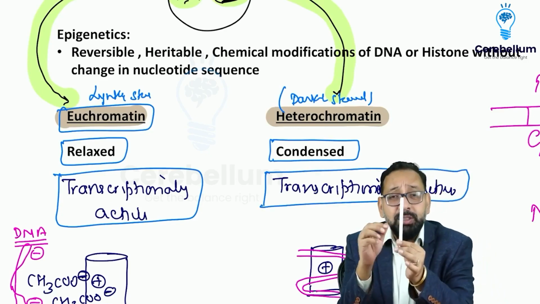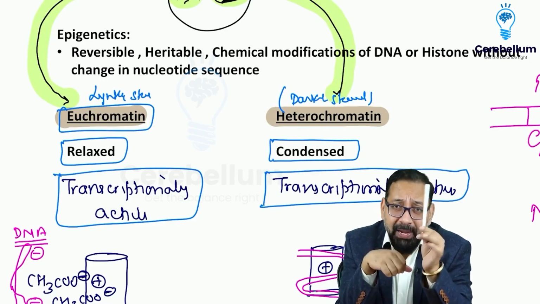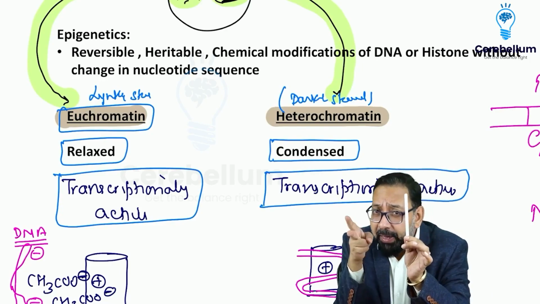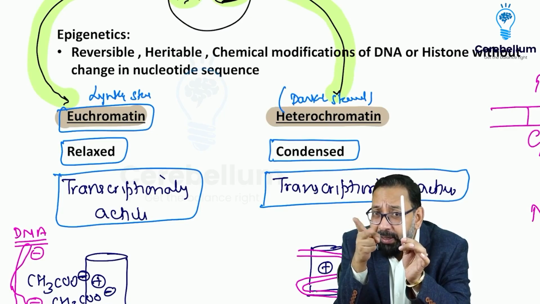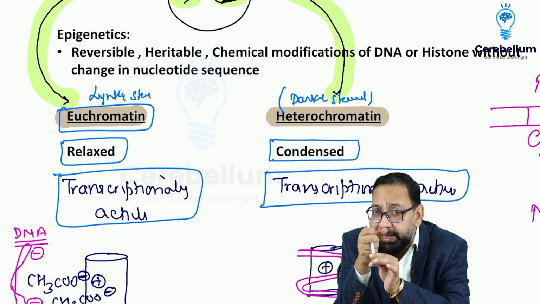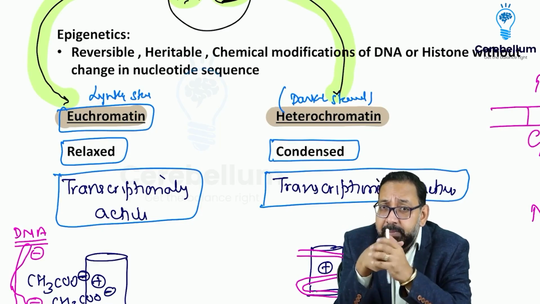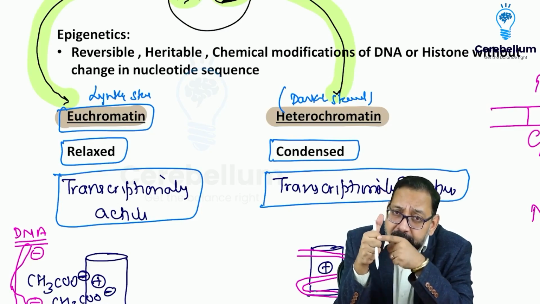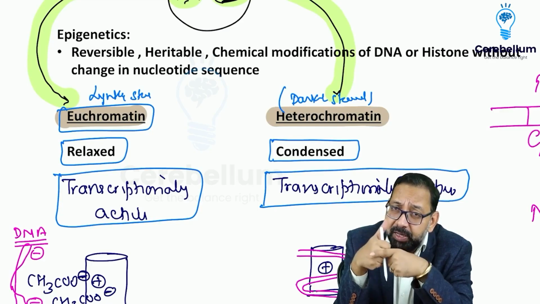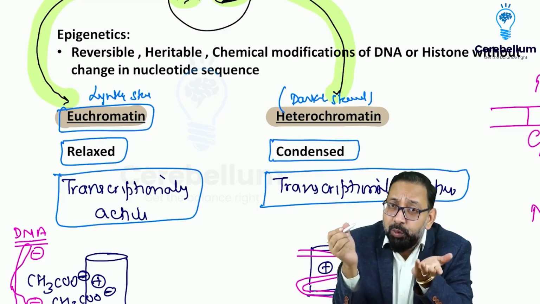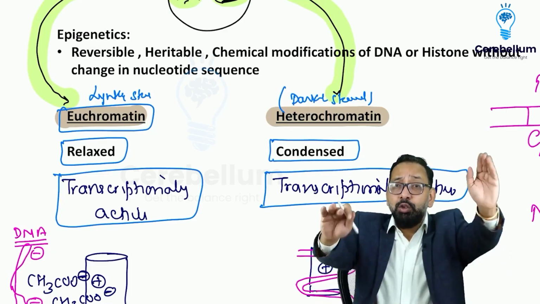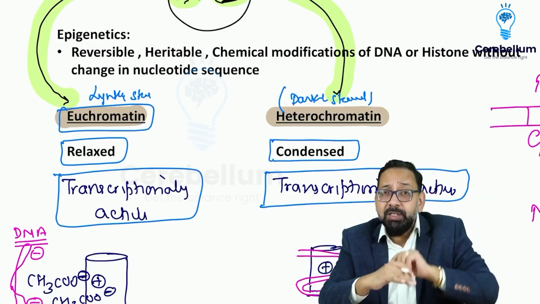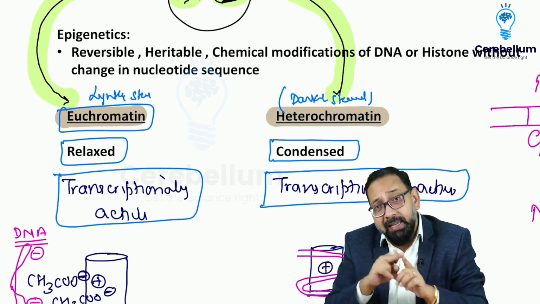Suppose this palm is histone protein having positive charge, and these fingers are double-stranded DNA having negative charge. Due to opposite charge, they are tightly attached. Tightly attached means condensed. Condensed means heterochromatin. Now, if you want to synthesize messenger RNA from this DNA, you can't. I told you when transcription occurs, these two strands are separated. One strand acts as template and then synthesis occurs.